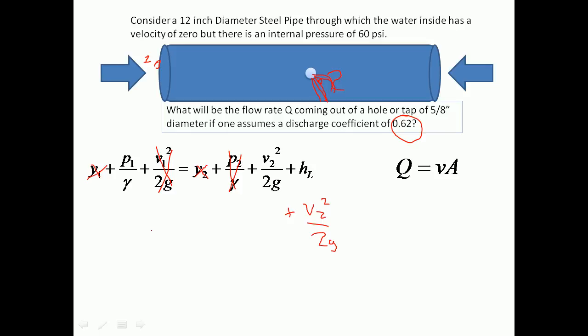But by going through Bernoulli's equation, you have to realize how important the units are, and you need to convert everything to feet, pounds, and seconds. That means you need to convert 60 psi to feet of water, and convert that 5/8 inch diameter to feet so you can get an area to plug into this equation.